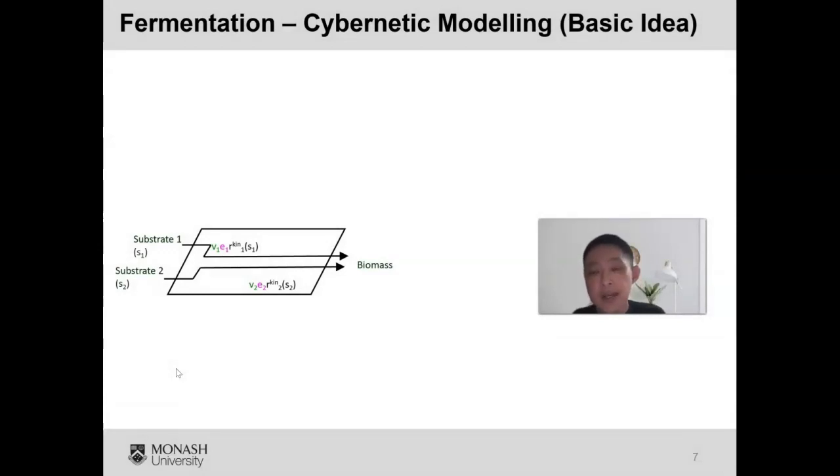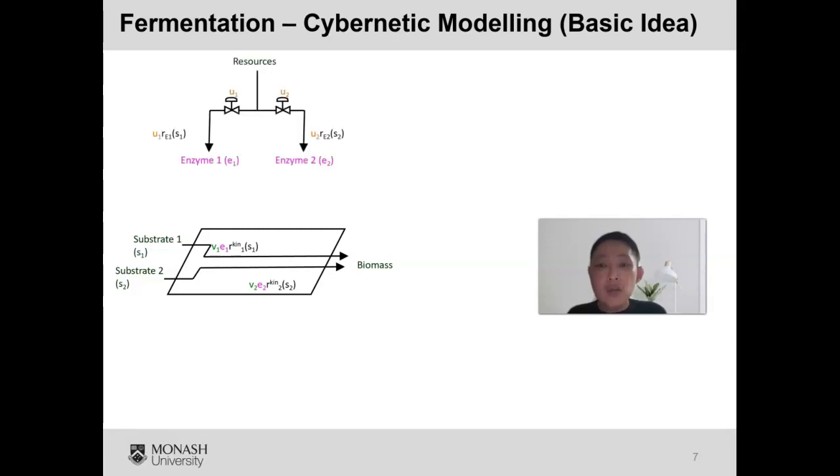So let's take a look at a simple example whereby you have a simple metabolic pathway where substrate 1 can be used to produce biomass, and substrate 2 can also be used through a simple metabolic pathway to produce biomass. The main idea is that the cell only has finite resources, and in order to trigger either pathway number 1 or pathway number 2, the cell needs to allocate resources to induce the production of either enzyme 1 or enzyme 2, in order to decide which pathway is being triggered.